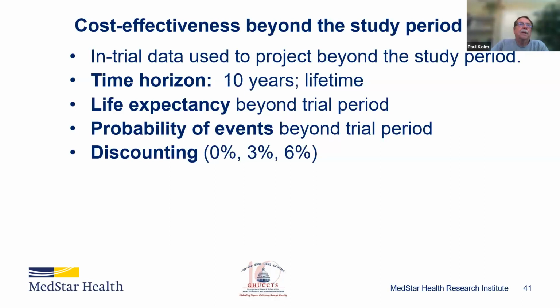And then we also do discounting, just like we did in the in-trial analysis. So doing this beyond the study period obviously gets a lot more complicated than doing cost effectiveness within the trial period, because you've got to make quite a few assumptions here. And some of those may or may not be all that accurate.